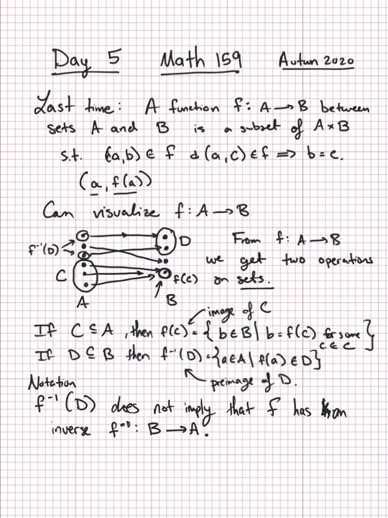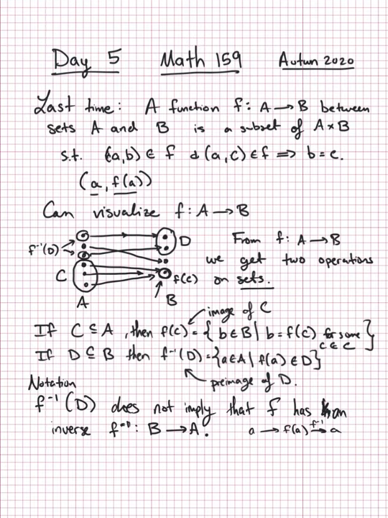It would be a function going from B to A, so that if I plugged in an element a, it would go to f(a), and then f inverse would send it exactly back. Okay, so we'll see that some functions don't have inverses.